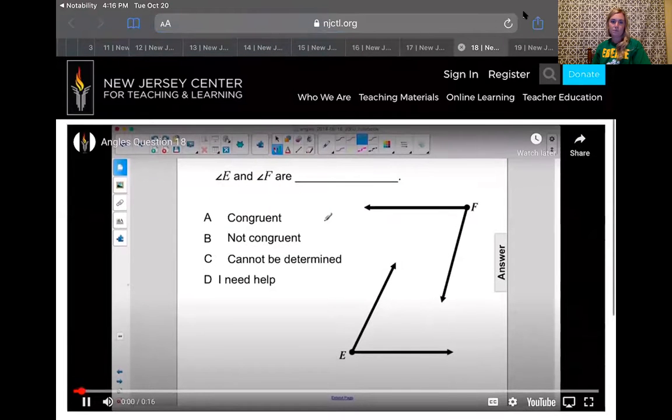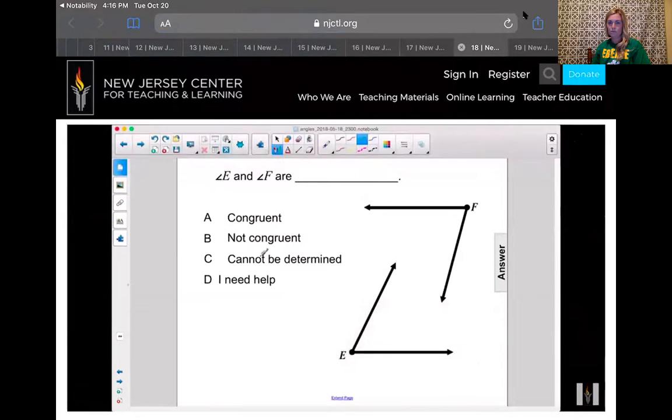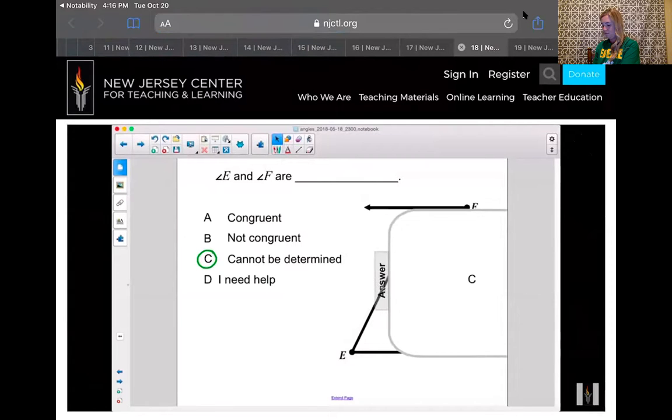Angle E and angle F are, well, it cannot be determined. We don't know if they're congruent or not. There's no arcs, there's no slashes, there's no variables. There's nothing that would tell us whether or not the measurements of these two angles are equal. So the answer is C.